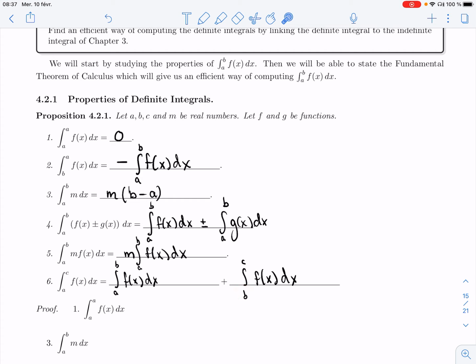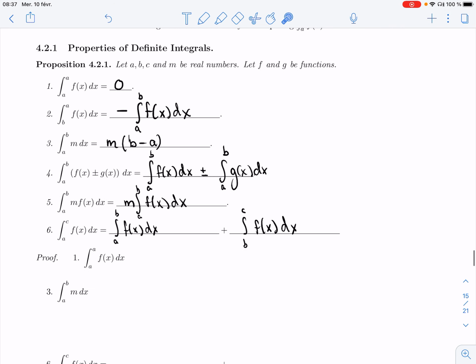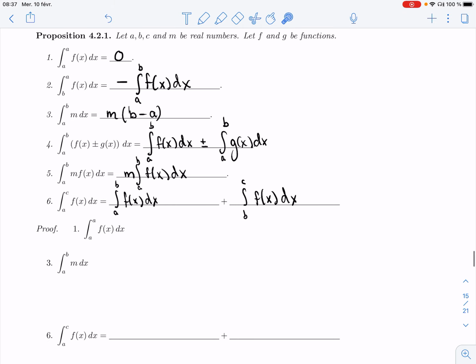It might be before A, it might be between A and C, and it could be after C. It doesn't matter. This identity will be true for any value of B. All right, so these are not going to be proven. I'm going to give you a sketch of why some of them are true. Really, that sketch I find very helpful when you're doing problems, and that's why I'm giving them to you.